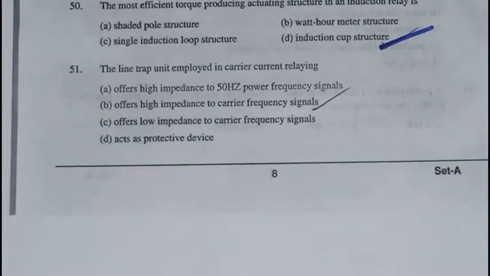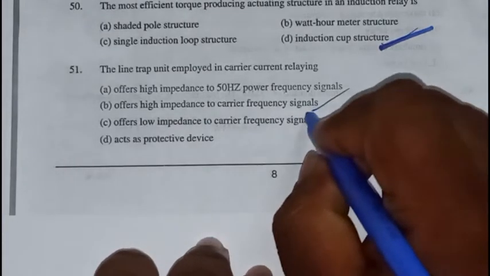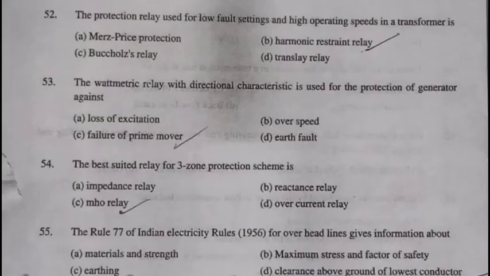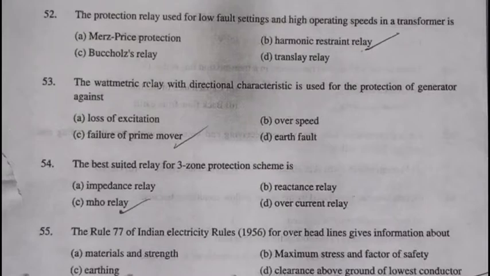Question number 51. The line trap unit employed in a carrier current relay offers high impedance to carrier frequency signals. Question number 52. The protection relay used for low fault setting and high operating speeds in a transformer is harmonic restraint relay.